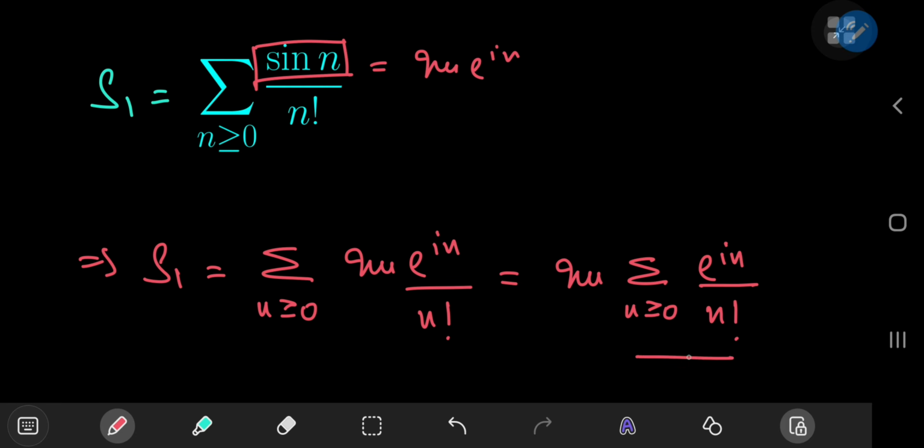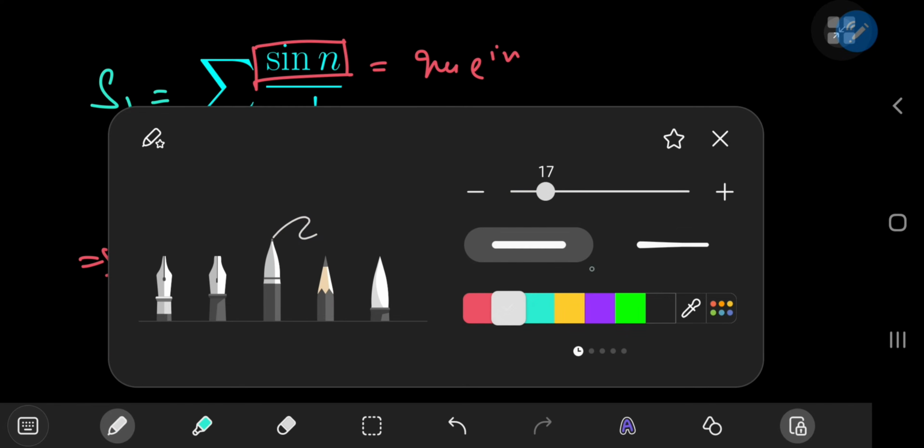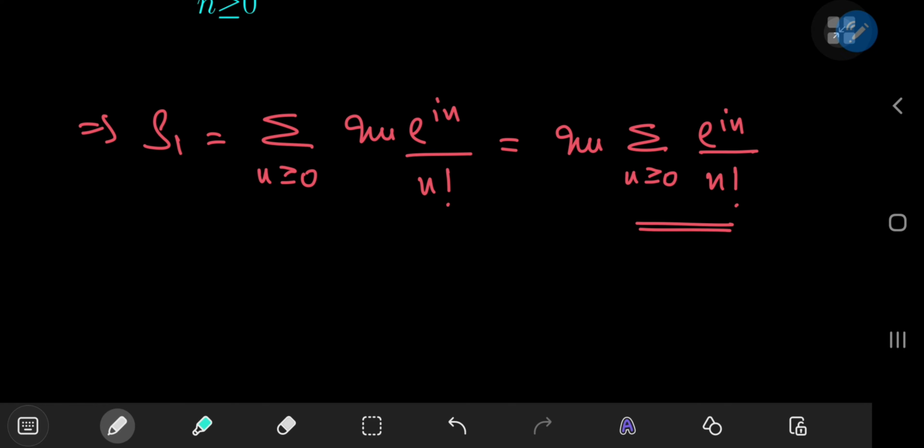The structure of the sum is quite suggestive of a result from calculus. Now we know that if we have the sum over the non-negative integers k of x to the k divided by k factorial, then this infinite series is in fact the exponential function. Okay, cool.